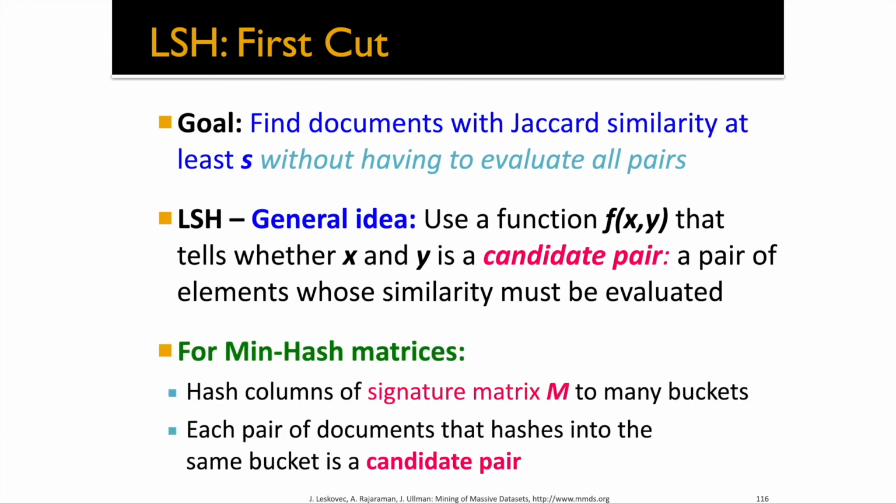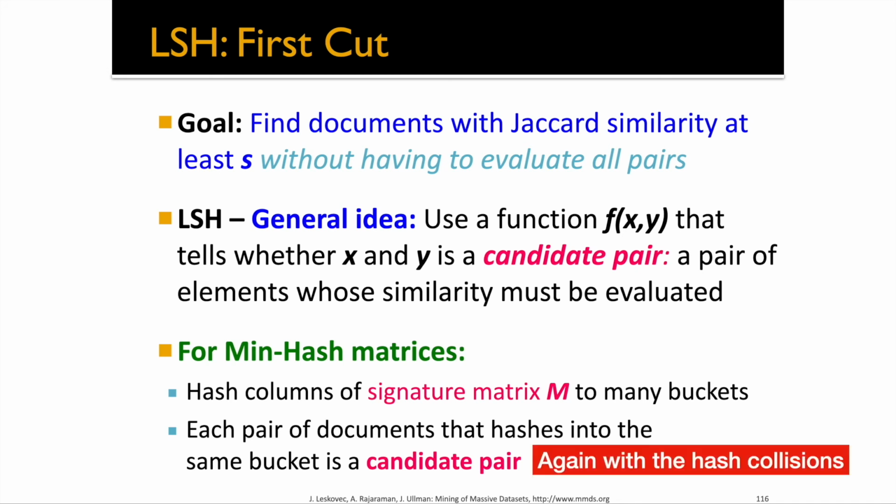So for min-hashing, what we want to do is hash the columns of our signature matrix into a bunch of different buckets, such that if these two columns of our signature matrix are above some threshold of similarity, they end up in the same bucket of these different hashes. One of the things you'll note here is that hash collisions, or collisions in the hash table, can tell us a lot about what's going on with the underlying data.